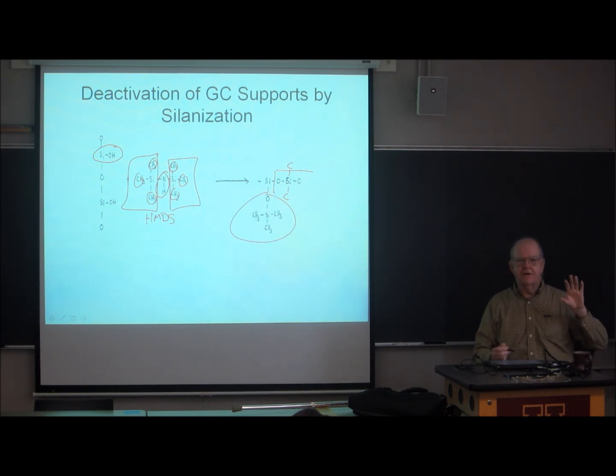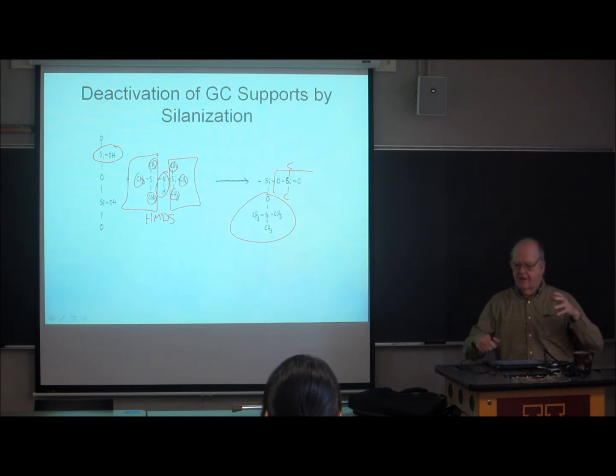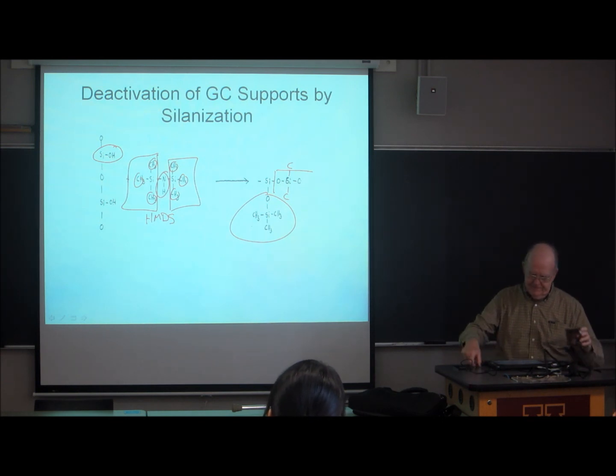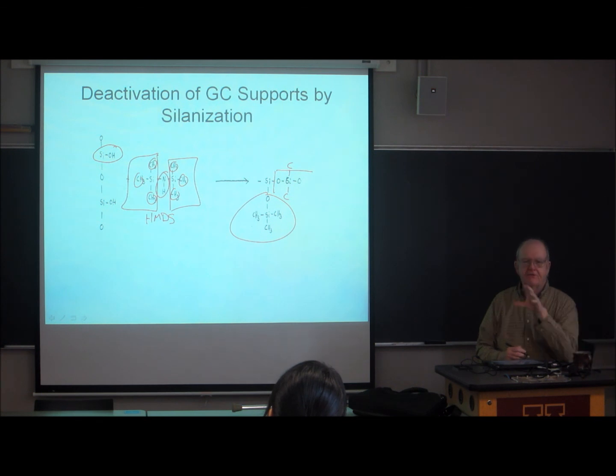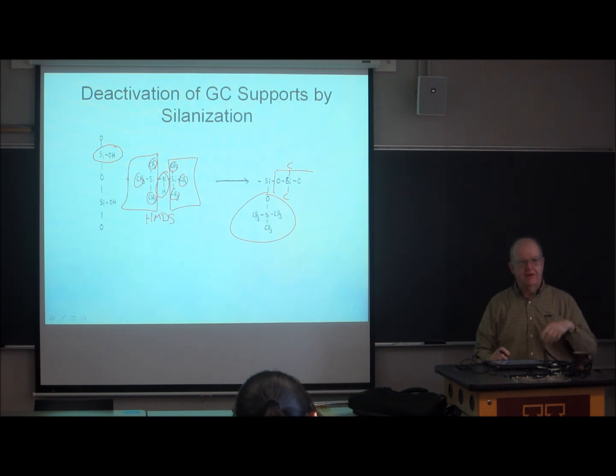Now you've turned a surface which is polar, an SiOH group is a rather polar surface, into something that looks more or less like a hydrocarbon. It's a non-polar surface. This does you a tremendous amount of good. Number one, it deactivates the surface. This surface is chemically less active as a catalyst.